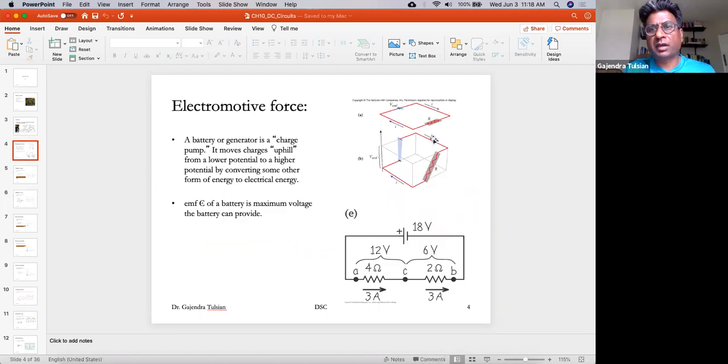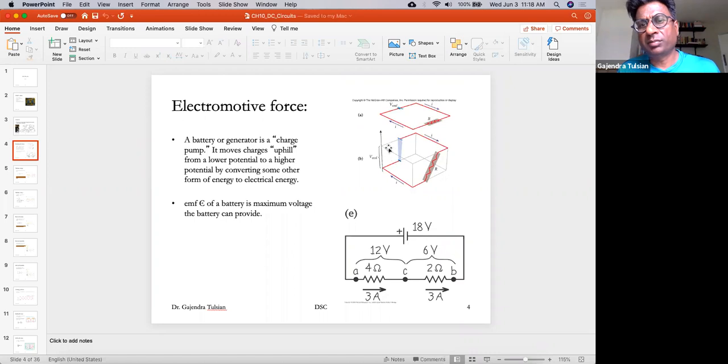So now what this diagram is showing you, we talked about it, introduces electromotive force. For instance, here's a battery and here's a resistor connected to the battery. What the battery does is it converts some kind of chemical energy and raises charge from low potential to high potential.